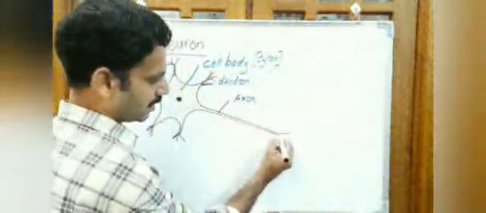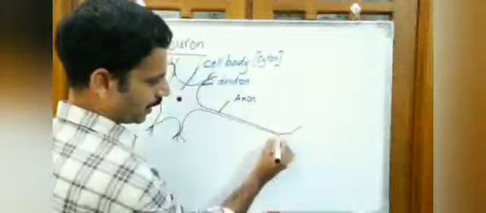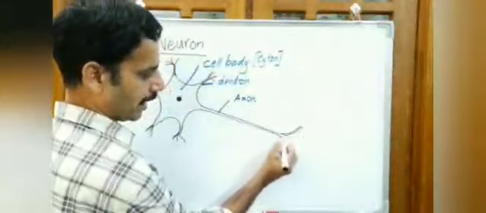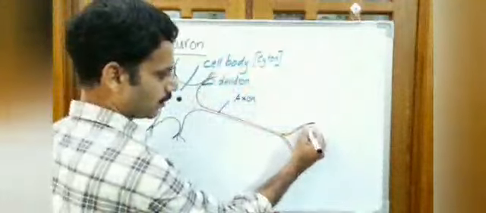And listen here, this is the longest filament of the neuron. It also branched. These are the branches of the axon.